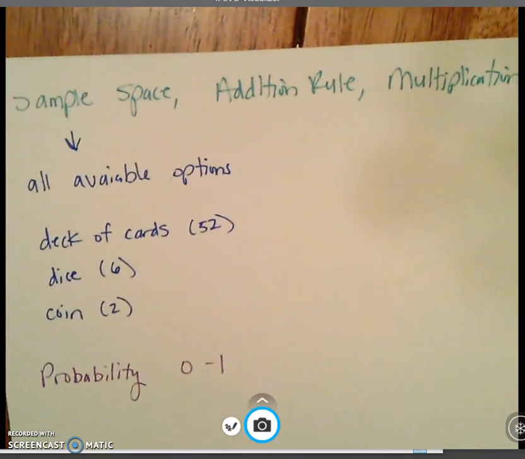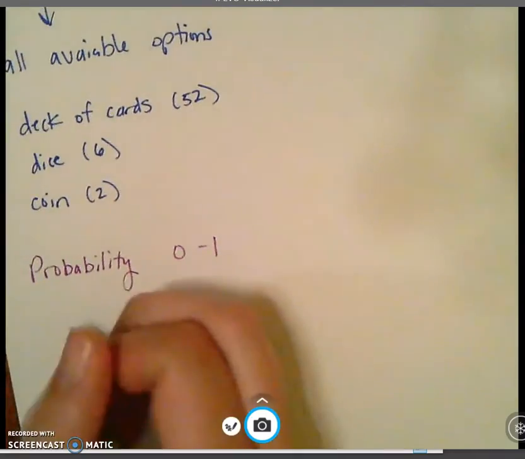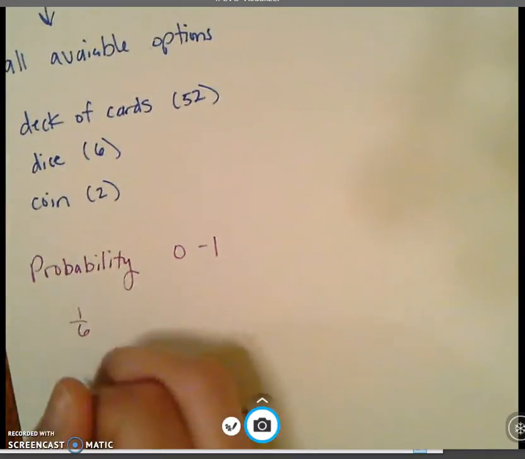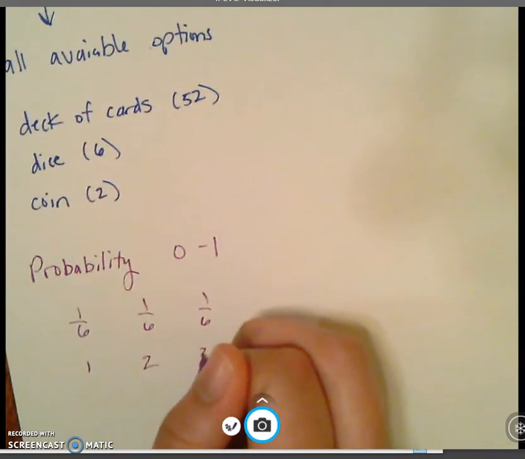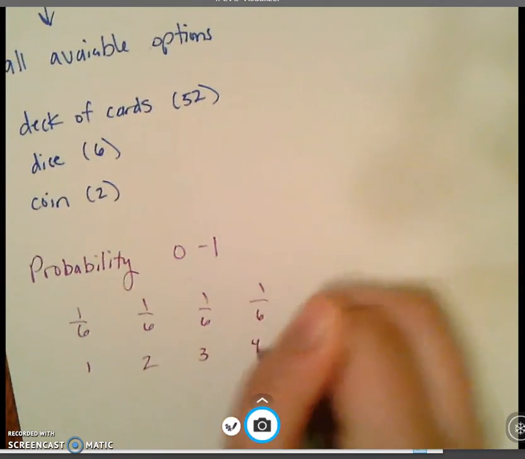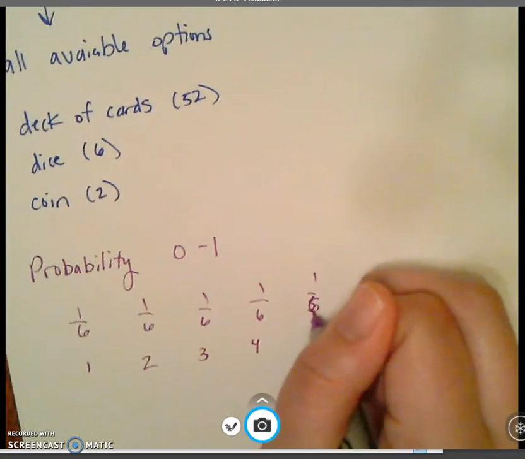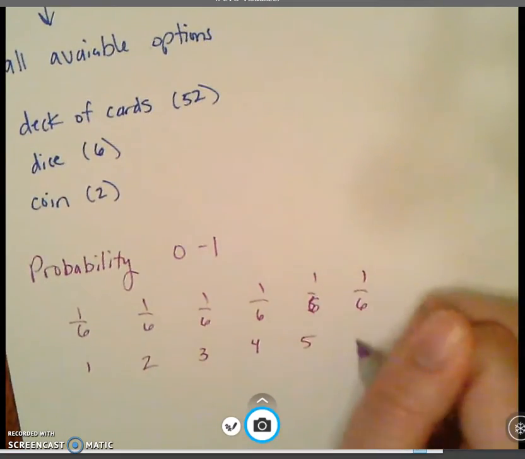If your probability is 0, that means there is absolutely no chance that's going to happen. If your probability is 1, that means it is 100% going to happen. Probability exists in between 0 and 1. So, for example, looking at a die, you have a 1/6 chance of rolling a 1, a 1/6 chance of a 2, 1/6 to get a 3, 1/6 to get a 4, 1/6 to get a 5, and 1/6 to get a 6.